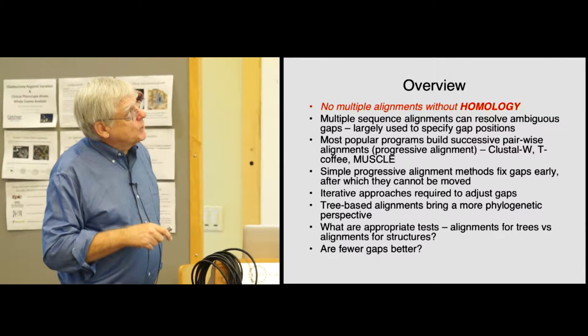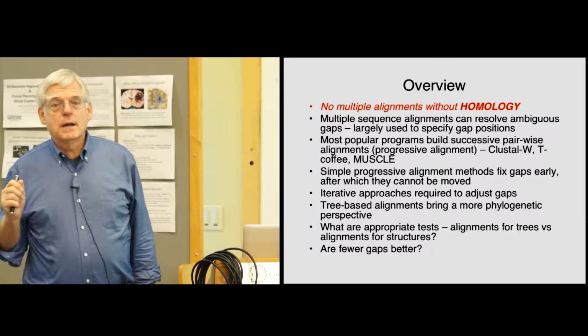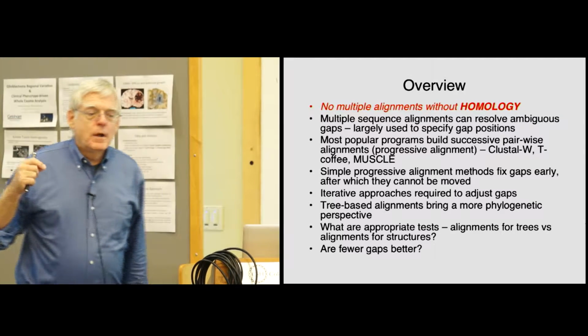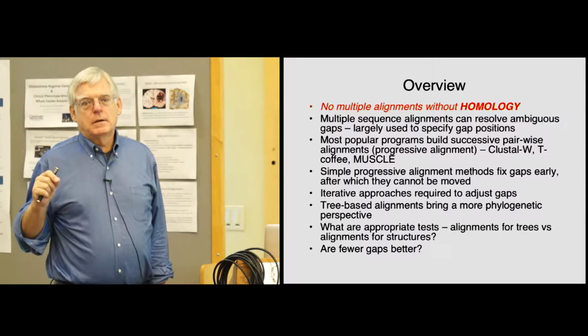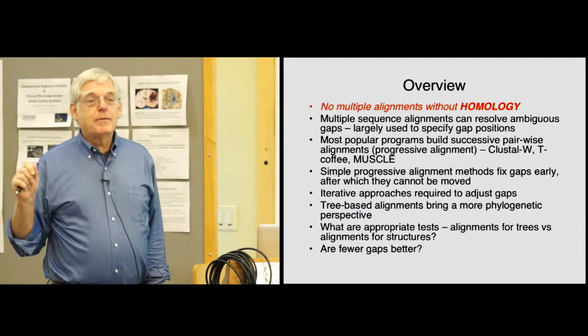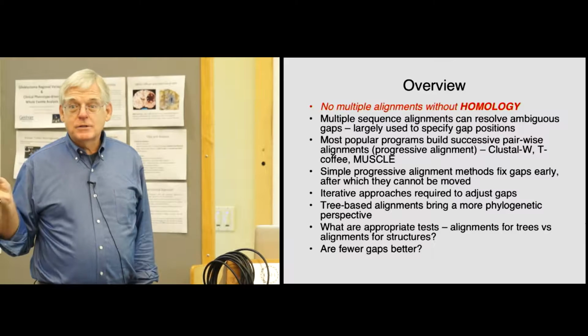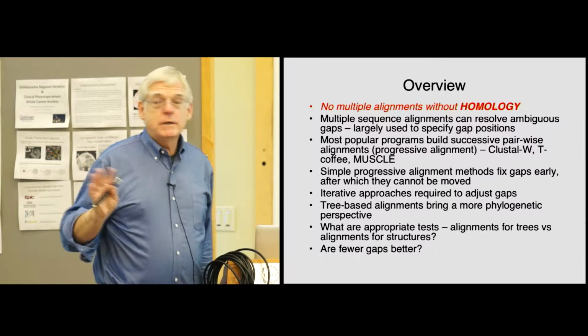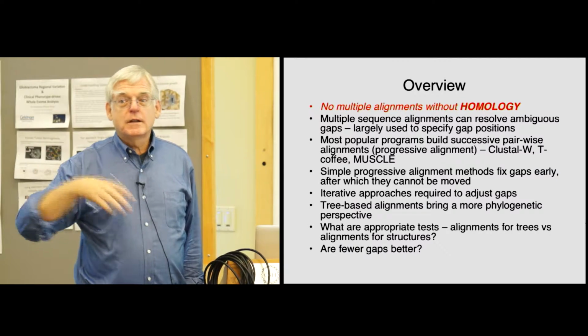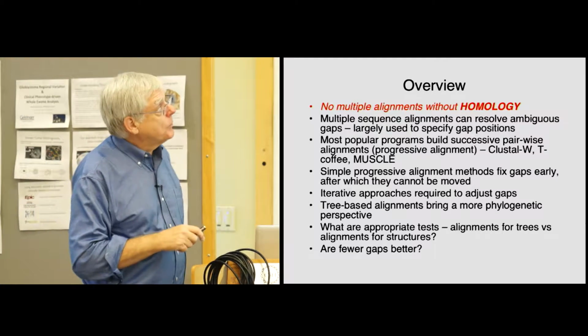So why do we do multiple sequence alignments? And that's getting to what Aaron was just saying. The reason we do multiple sequence alignments is because we need to know where to put the gaps. Okay? If that was not a way that evolution worked, we would not need to worry about multiple sequence alignment. We could just do the alignment, everything would be great, and life would be simple.